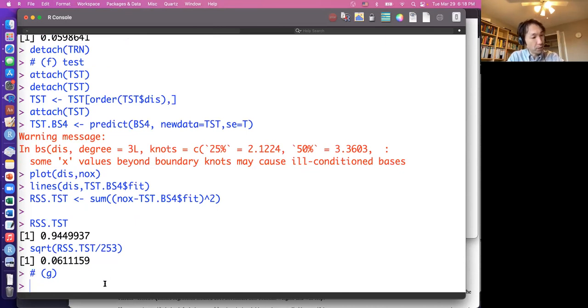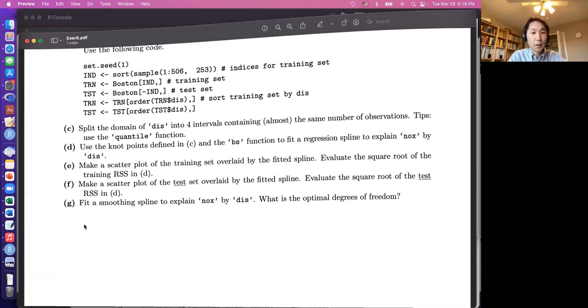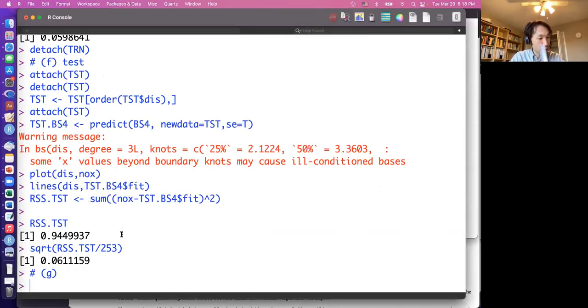If not, maybe G. G is the smoothing spline. So the question says, fit a smoothing spline to explain NOx by this. And what is the optimal degrees of freedom? So you can use the smooth.spline function in the splines package.